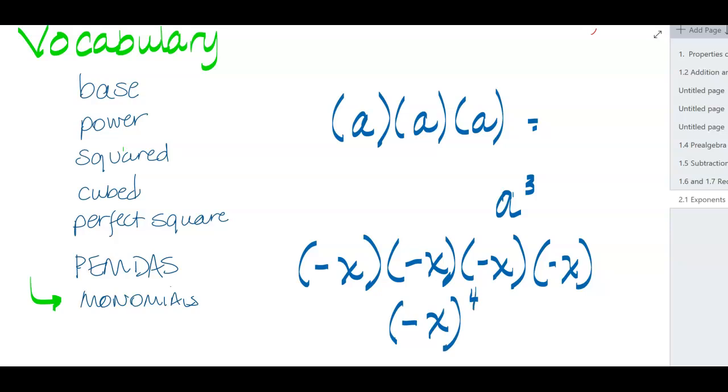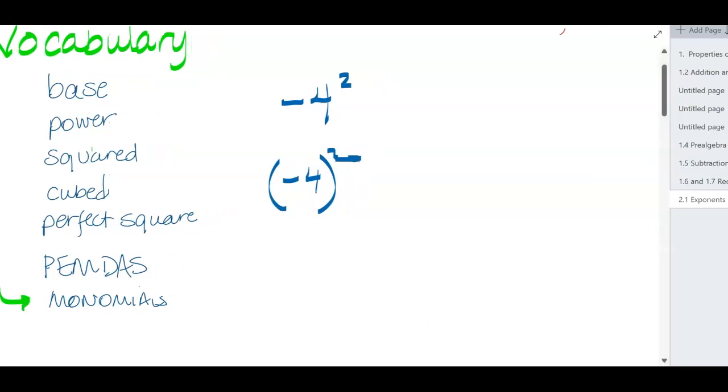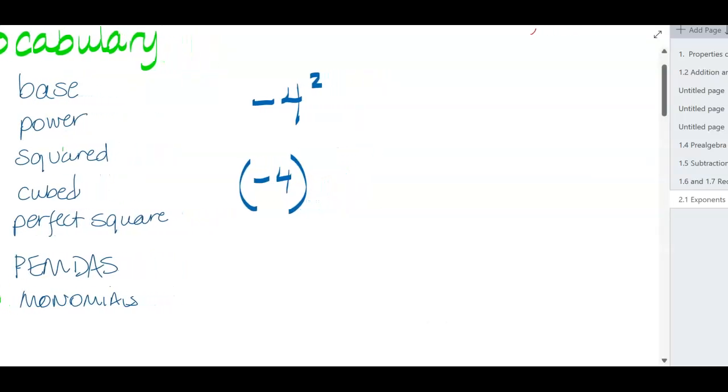Let me get into the negatives. The reason why I accentuate that is this. Let's say you had negative 4 squared and you had negative 4 quantity squared. Because of PEMDAS, please excuse my dear Aunt Sally, which says parentheses first, then exponents, in this case you have to do the exponent before you multiply by that negative 1.